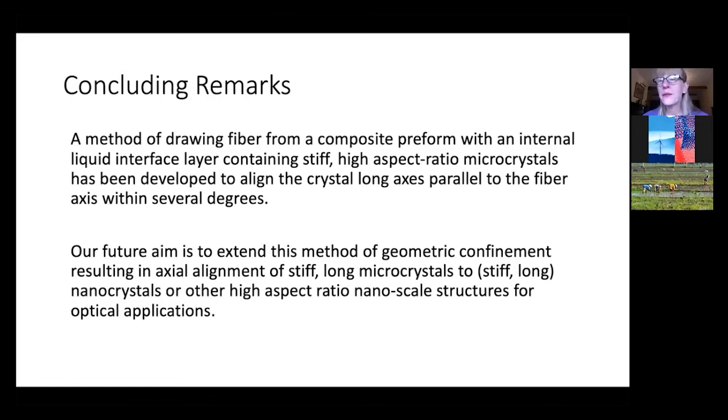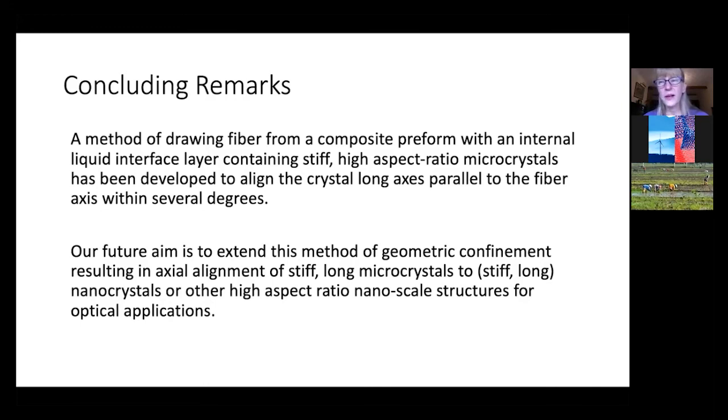Again, the structures need to be stiff in this sort of process. You'd have to have an aspect ratio on the order of 10. And in this particular process, we've been able to demonstrate that for individual crystals, you can align them to within a few degrees of the fiber axis.